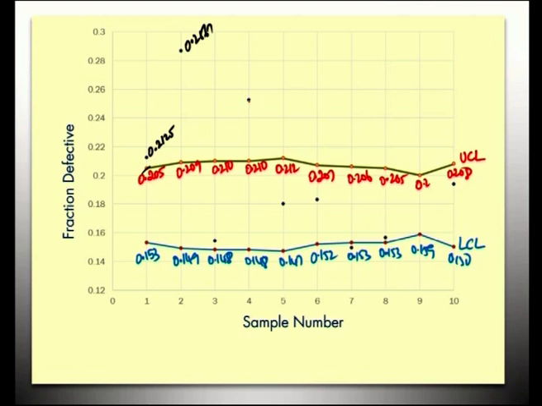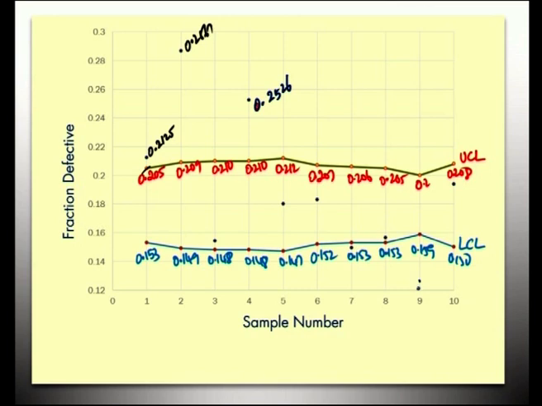Corresponding to 4, the value is 0.2526. You can also see another 2 points lying outside the LCL, corresponding to 7 and then 9, where the fraction defective is 0.1078.